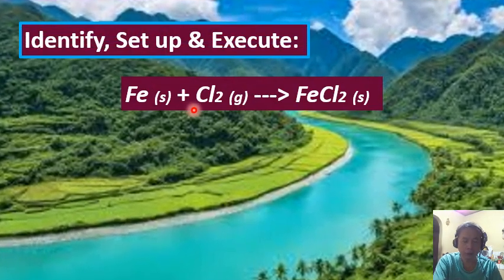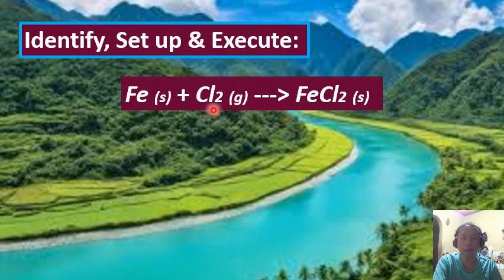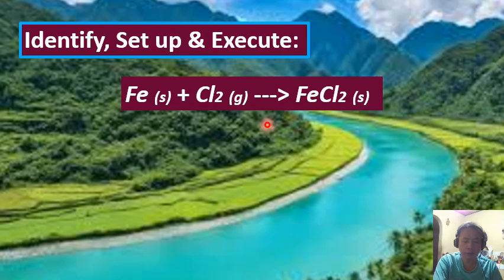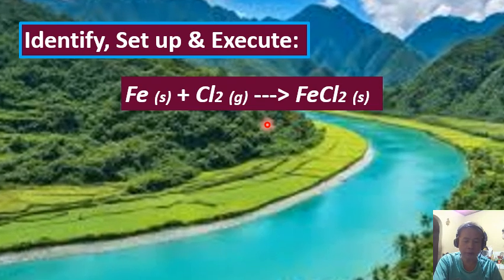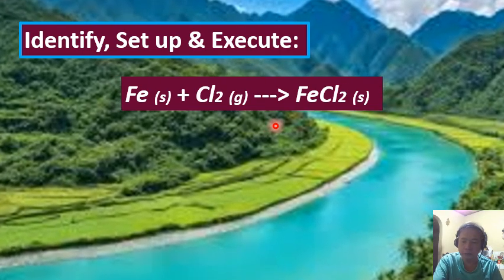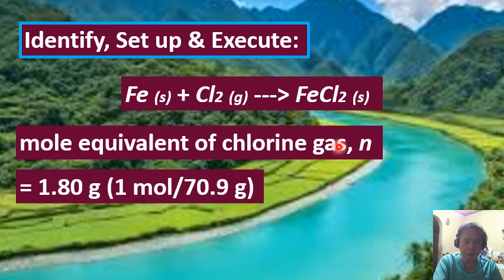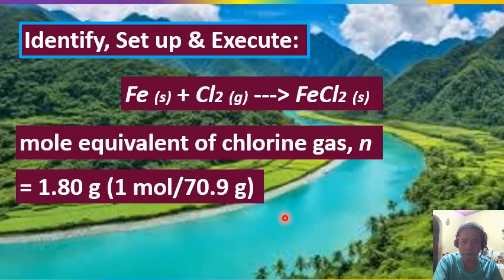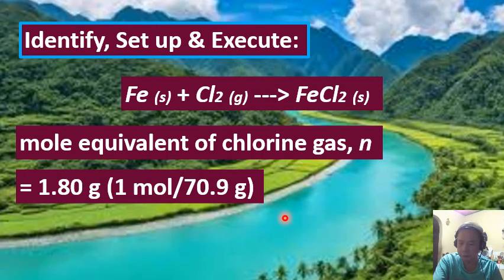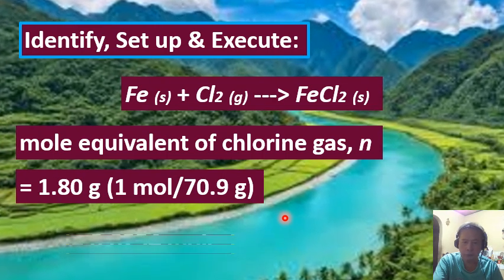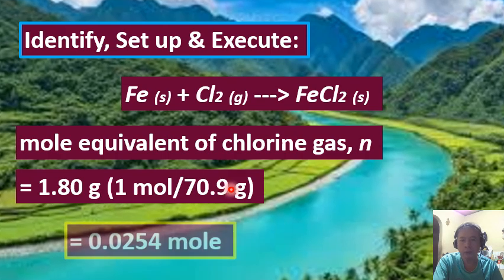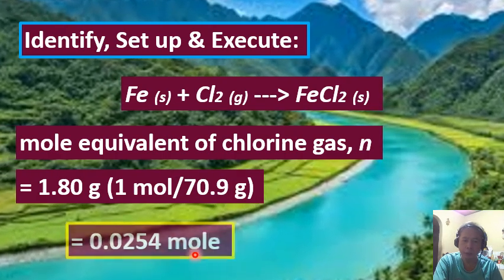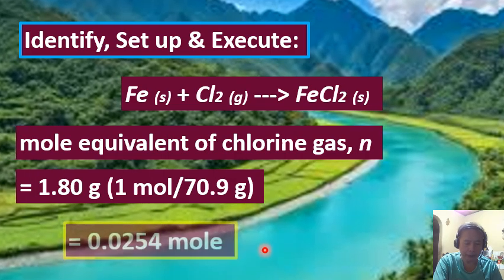Likewise, the mole equivalent of 1.80 grams of chlorine gas is 1.80 grams divided by the molar mass of chlorine, or 70.9 grams per mole. That gives us 0.0254 moles as well.